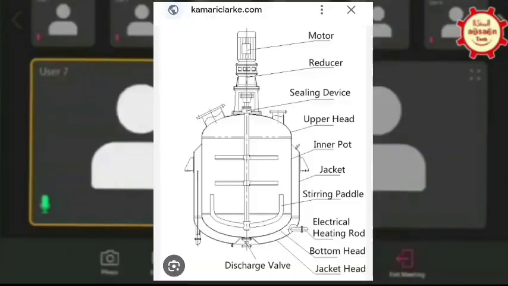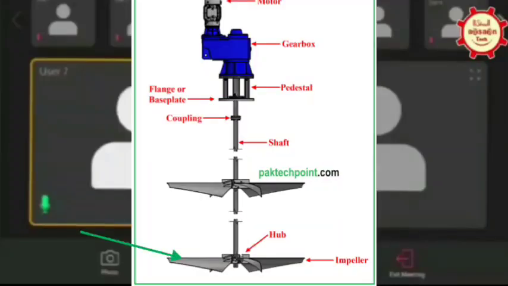That gap, as you told, was decided by the process team. Do they want only 11 mm with that impeller at the bottom, or did they keep the impeller a bit higher?